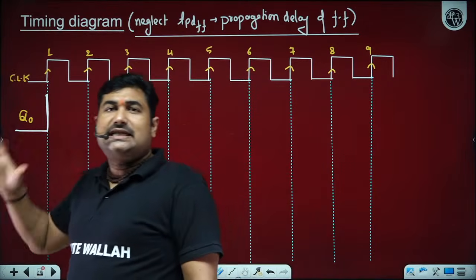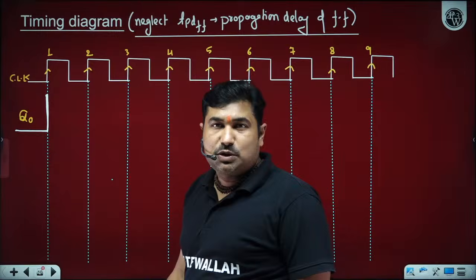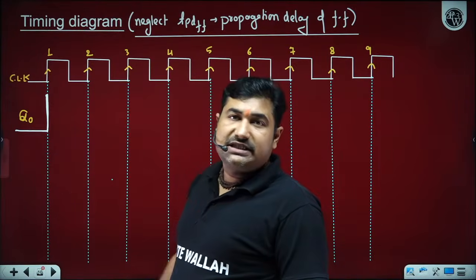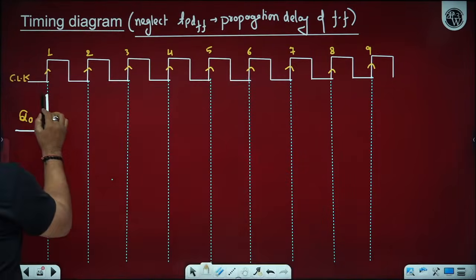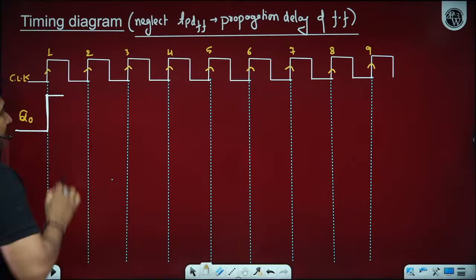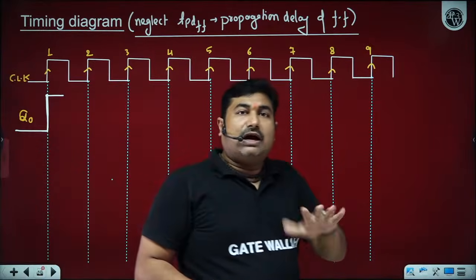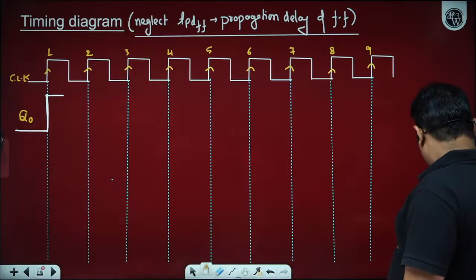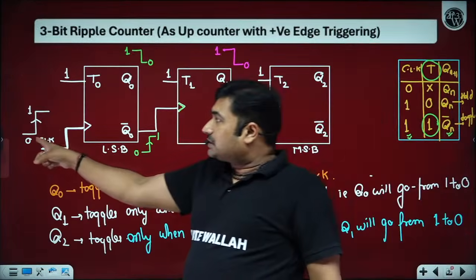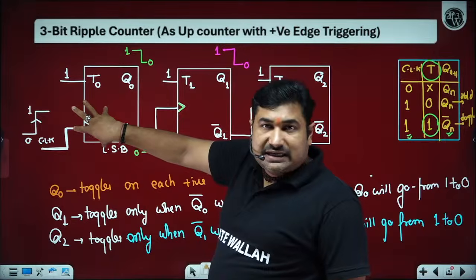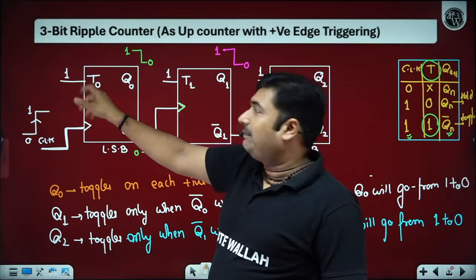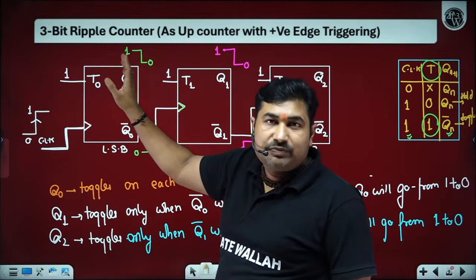So at the instant when the clock changes its level from 0 to 1, you can consider Q0 changes level from 0 to 1. Now, it will remain the same until the clock appears again onto the flip-flop, because this is a positive edge triggered clock. Only during the transition does the circuit get activated and, based upon the input, the output gets toggled.